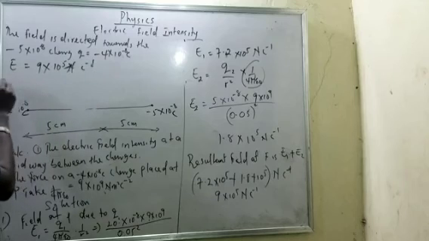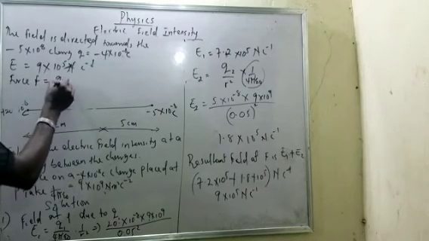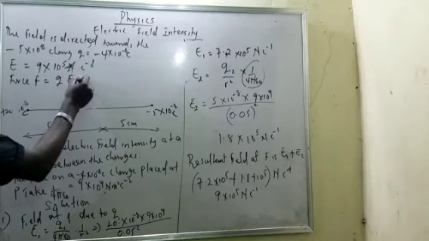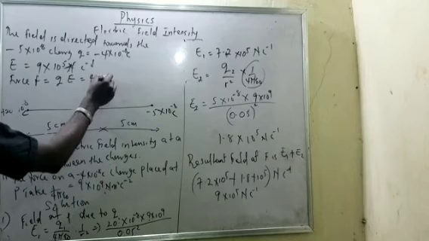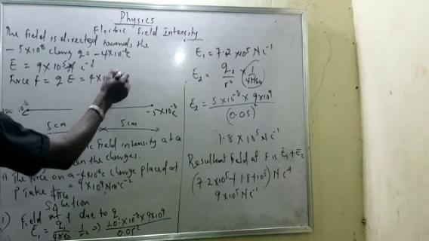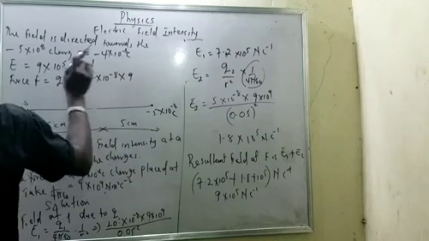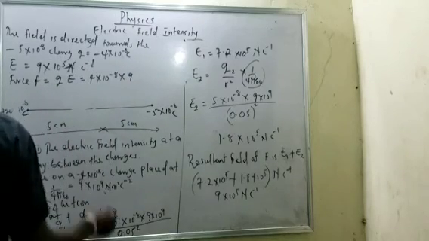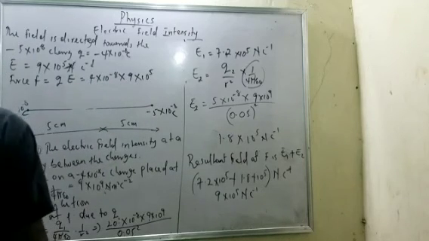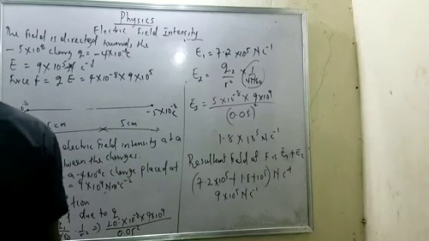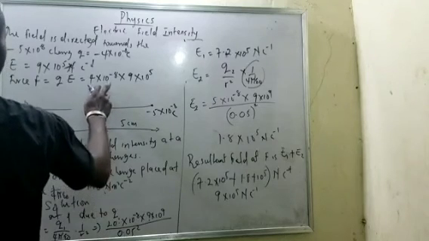Now it makes my force F equal to Q times E, which I'll be having as 4 multiplied by 10 raised to power minus 8 multiplied by 9 multiplied by 10 raised to power 5. On the calculator, 9 times 4 we have 36.